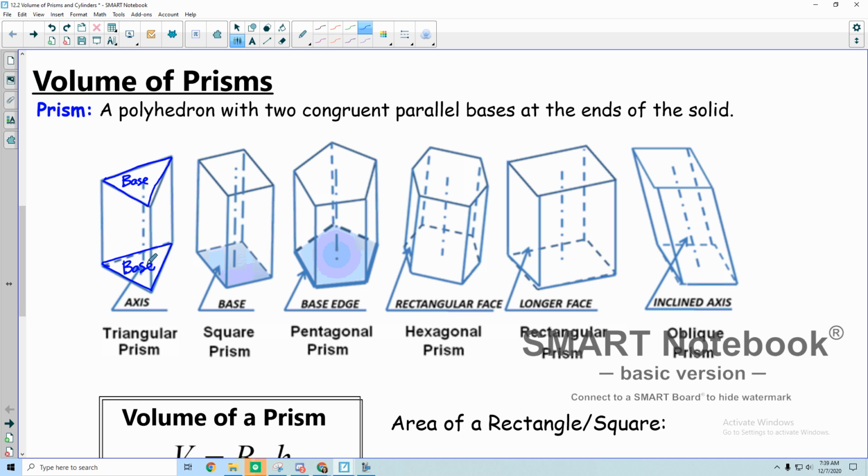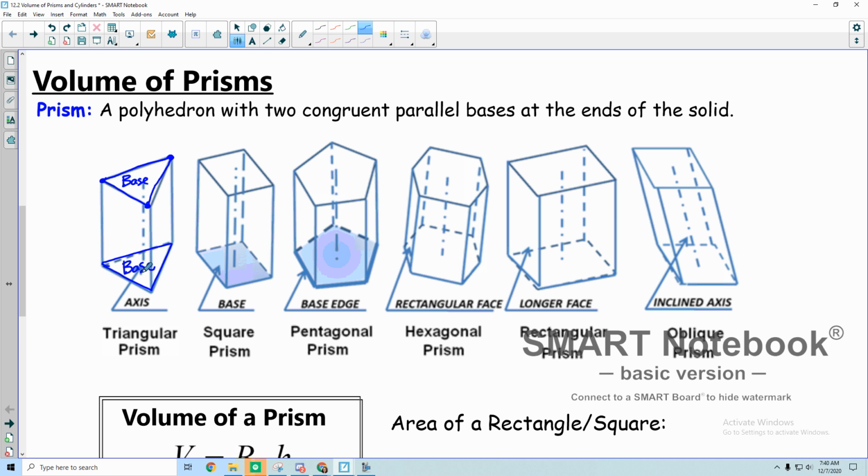That 2D shape is located at the top and at the bottom, and if we look at all of the vertices of that triangle and connect them to the other base, it forms this three-dimensional shape called a prism. We can actually have any shape that we want for our base.